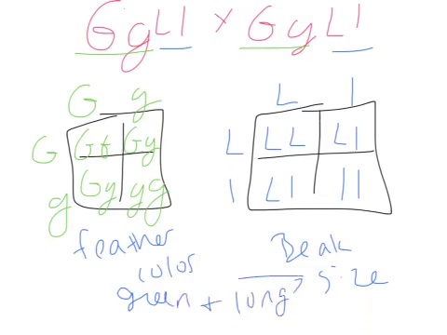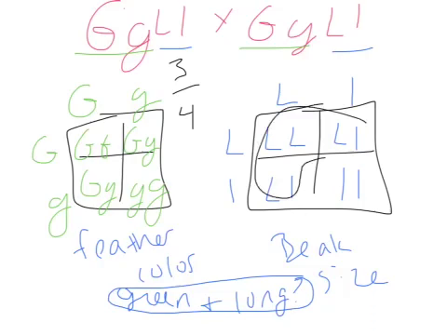I look at my square on the left and determine my fraction for green: 3 out of 4. Then I look at my square on the right for long beaks: 3 out of 4. I multiply those 2 together and get 9 out of 16. If I needed a percentage, I could convert that to a percent.